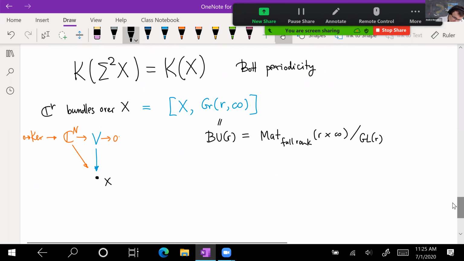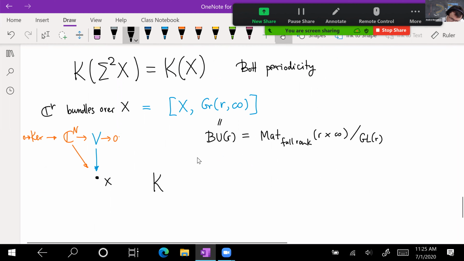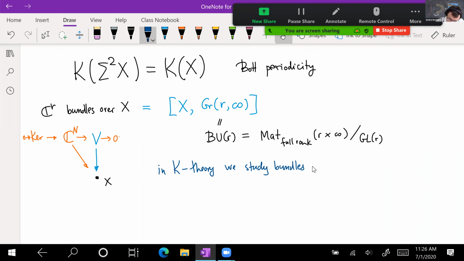Now, I forgot to say, this is our bundle. In K-theory, we study bundles up to stable equivalence.